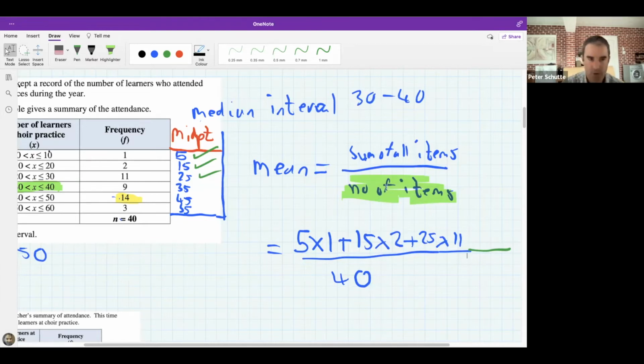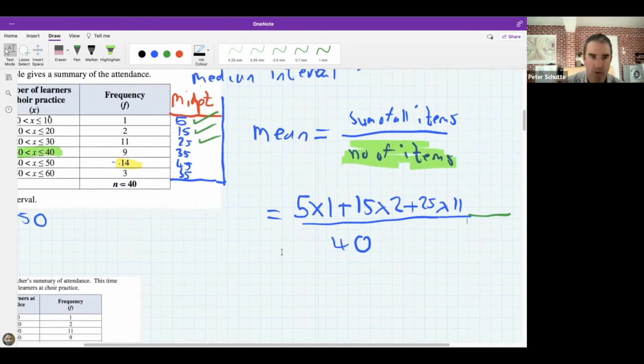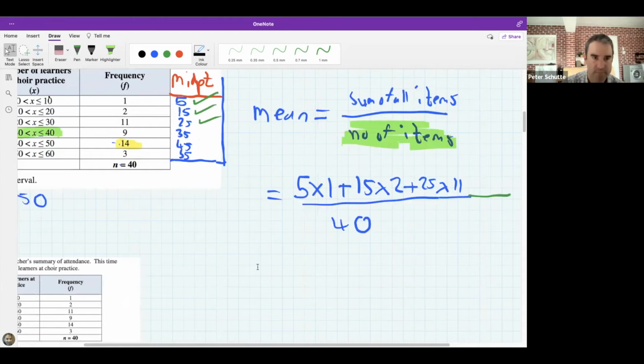So you do need to get a total for the top column. And then once you've got that, you're going to divide it by 40. So what are you going to get for the final answer here?